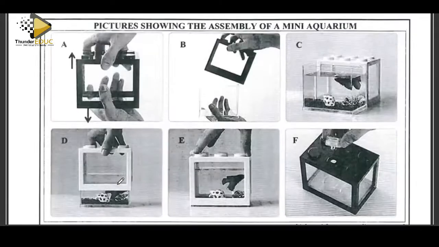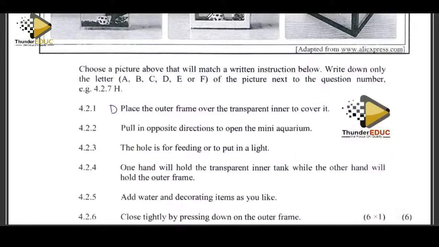This one is already seen. Look at these directions, the arrows. This is taking to the right, and this is taking to the left. So here we have A, opposite directions, done.